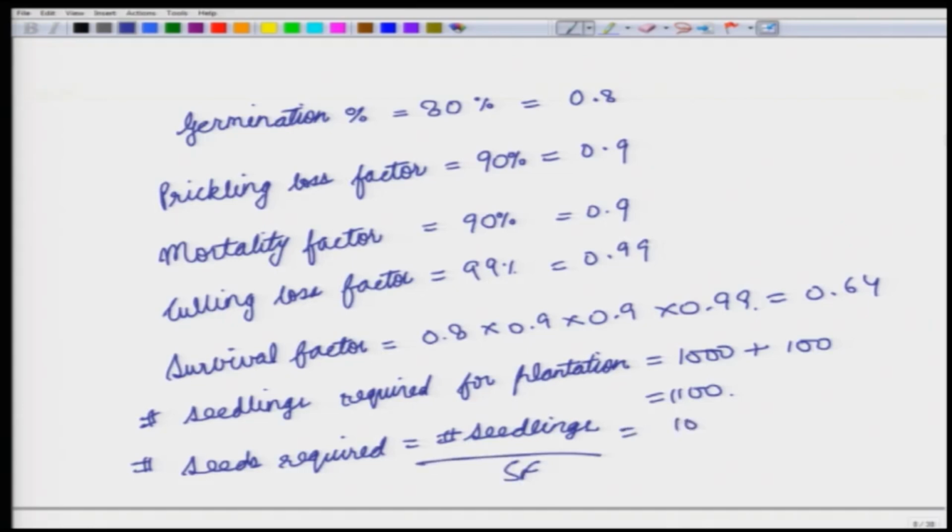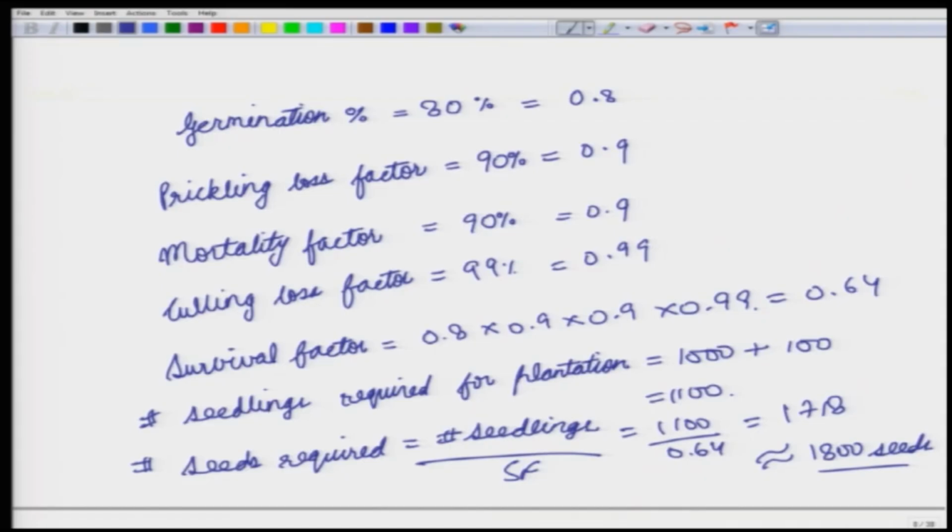So, this is 1100 divided by 0.64, which is 1718 or approximately 1800 seeds. So, for our planting operation of 1000 plants, we should start with around 1800 seeds, so as to be able to get the requisite number of plants.